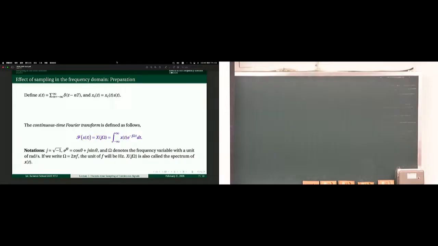What is s(t) then? s(t) is just a sequence of equally high Dirac delta functions. It is an infinite sum of infinitely many delta functions, each shifted to t equals nT.